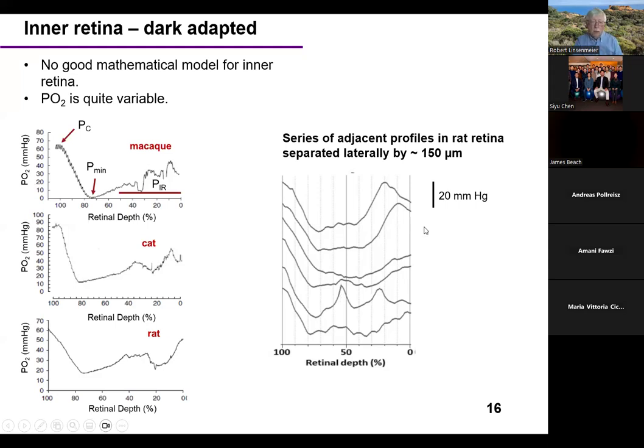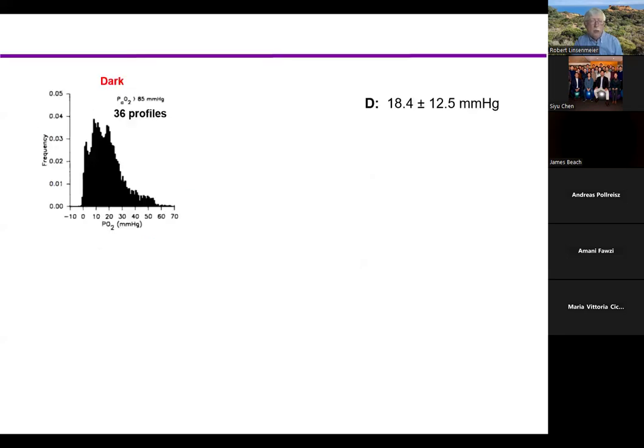And one thing we can do with it is generate histograms of the frequency with which we see different PO2s. So I'm showing you here one of those histograms. This is a histogram from 36 profiles in several cats. I don't remember how many. This is the frequency on the ordinate and the PO2 on the abscissa.